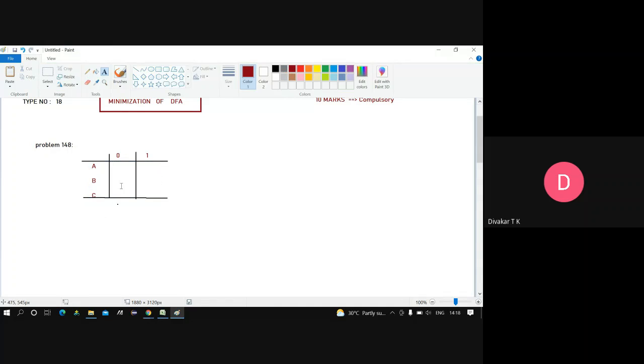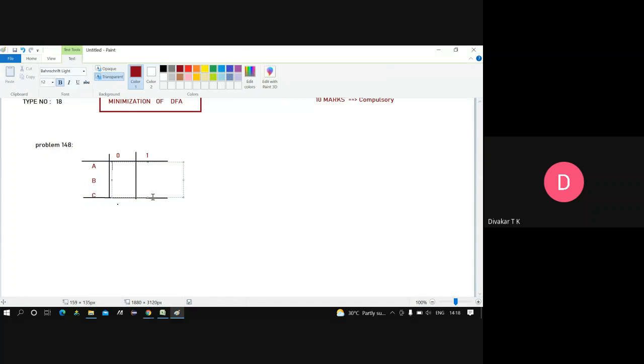So now I'm giving C, B, here B, let's see, C, here also C. So this is the given table, guys.